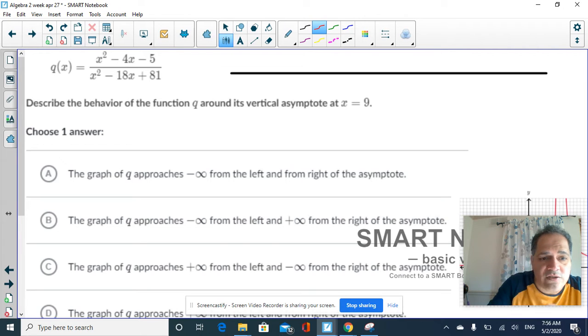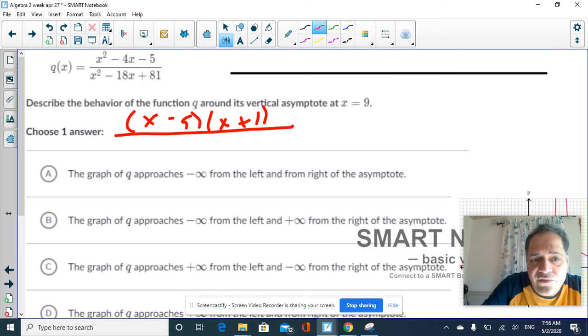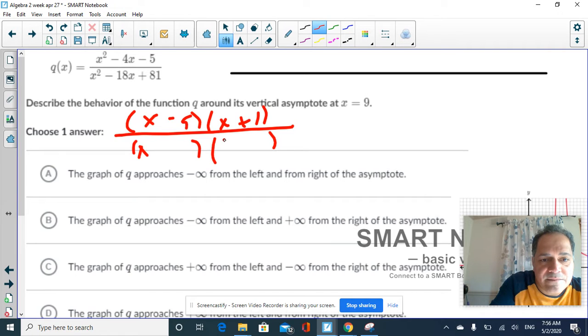So factor your function. If you factor your function, it will be x minus 5 and x plus 1. That's quick factoring. Please review the factoring in Khan Academy if you want to understand factoring more. The second function we also have to factor, x and x.